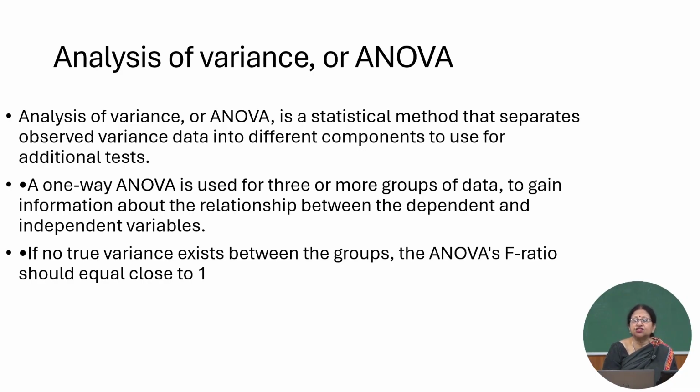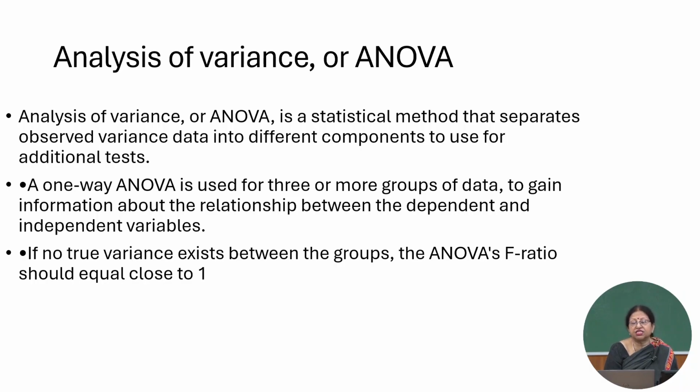Coming back to analysis of variance once again, ANOVA. Analysis of variance, or ANOVA, is a statistical method that separates observed variance data into different components to use for additional tests. A one-way ANOVA is used for 3 or more groups of data to gain information about the relationship between the dependent and independent variables.